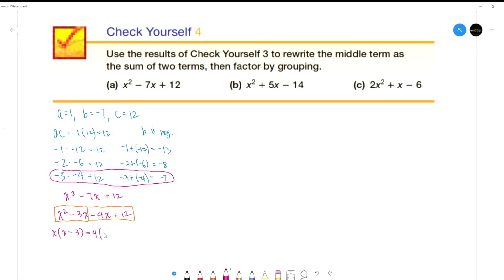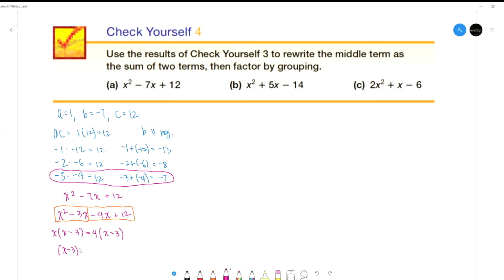And in the first term we have x. Second term, anyone know what the second term is? 12 divided by negative 4 is negative 3. Very good. So now we have the common binomial factor of x minus 3 in both groups. Let's factor that out.